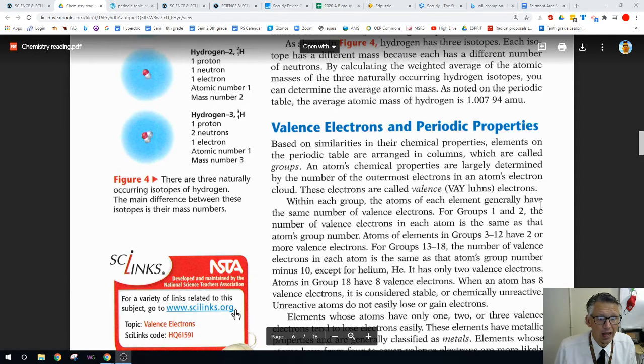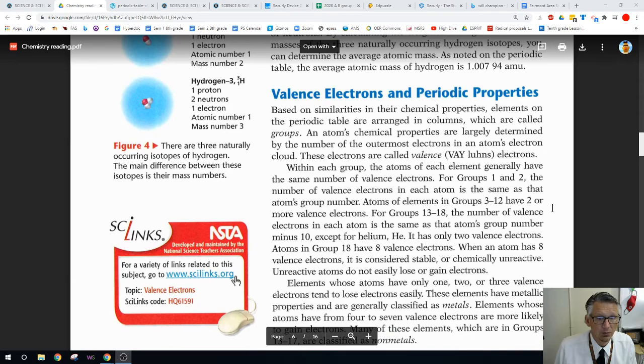Within each group, atoms of each element generally have the same number of valence electrons. For groups 1 and 2, the number of valence electrons each atom has is the same as that atom's group number.